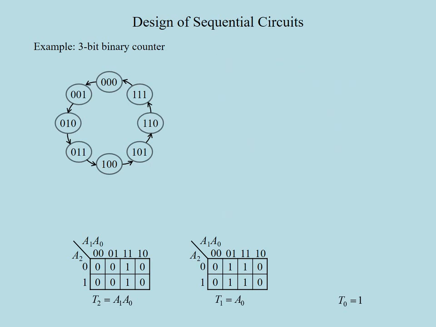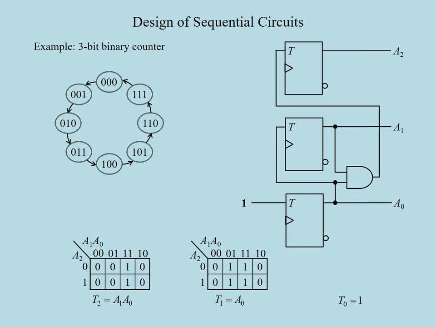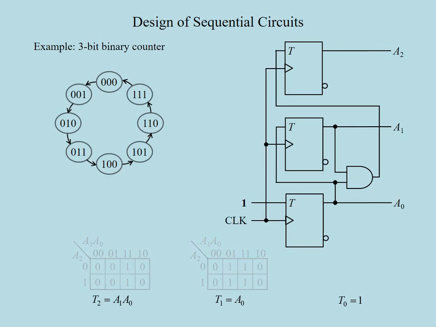Let's draw the circuit diagram. 3 T flip-flops with outputs A2, A1, and A0. T0 is 1, T1 is A0, and T2 is A1 and A0. We complete the drawing with the clock signal.